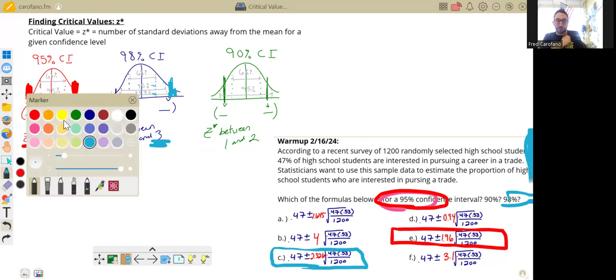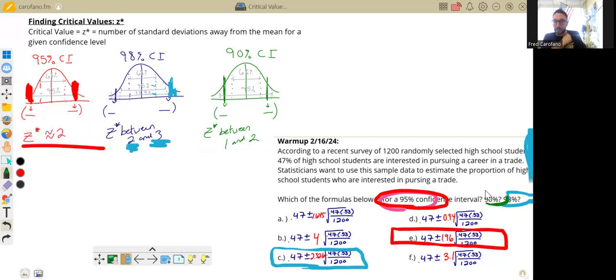Lastly, using that same logic, if we want to be 90% confident, 90% is between 68% and 95%. 68% of data or sample statistics are within 1 standard deviation, 95% within 2.